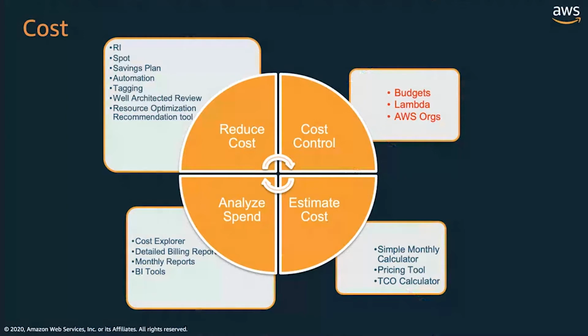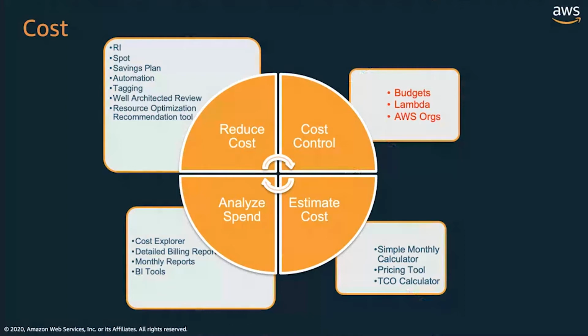If I walk you through this from the top left-hand corner, there are mechanisms that you can use to reduce costs. That's things like changing the way you fundamentally procure underlying infrastructure components like virtual machines or EC2. You might use reserved instances or spot instances or a savings plan. I'm going to talk about what those things are in a subsequent slide.